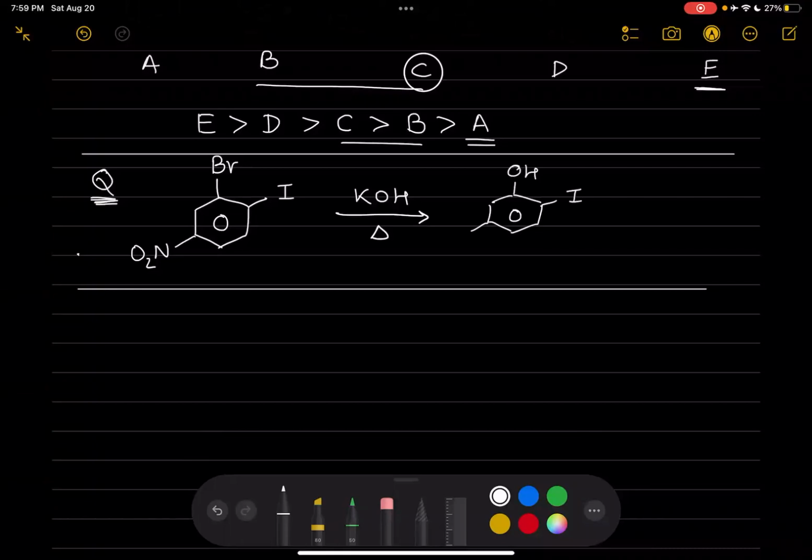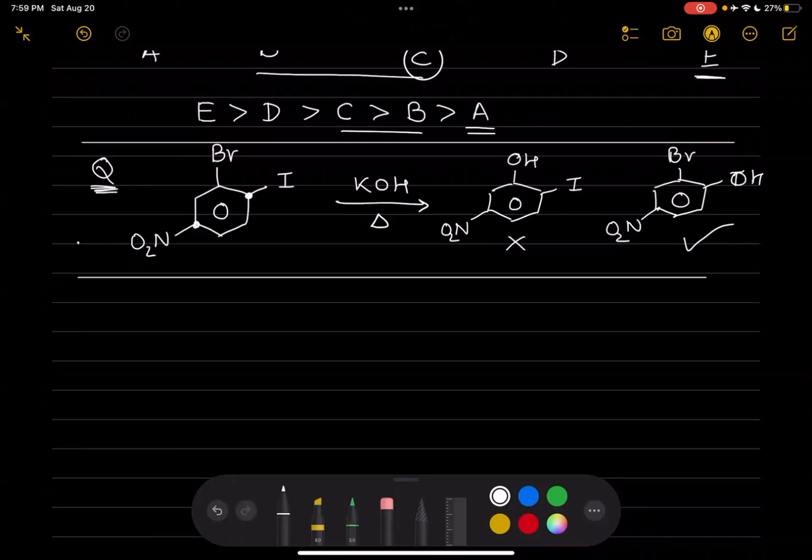Yeah, I will get displaced, because I is actually activated with respect to NO2. Is it clear? Not the Br. So this will not be the answer. This is going to be the final answer.